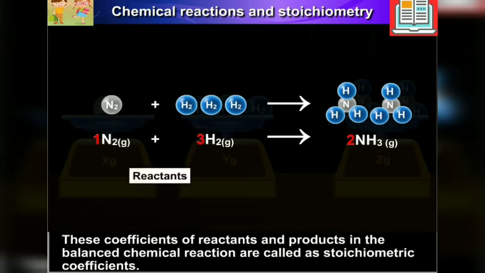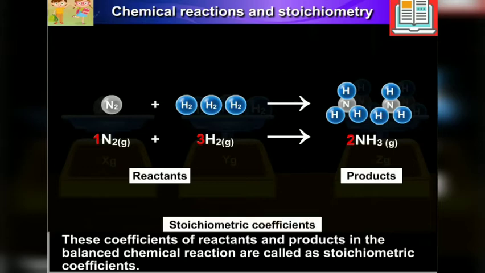These coefficients of reactants and products in the balanced chemical reaction are called stoichiometric coefficients.